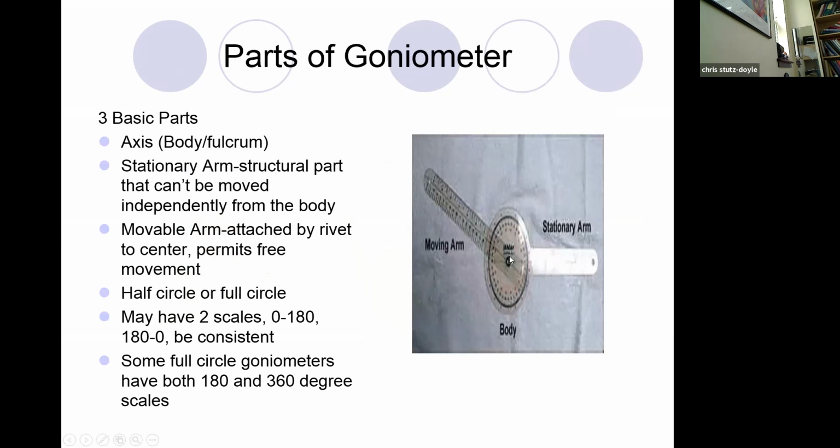They can be half circle goniometers, full circle goniometers. They can have two scales, 0 to 180 or 180 to 0. You need to be consistent with whatever scale you use, and some full circle goniometers go to 360. Okay, so when we look at a goniometer, we just need to be consistent with our measurements.